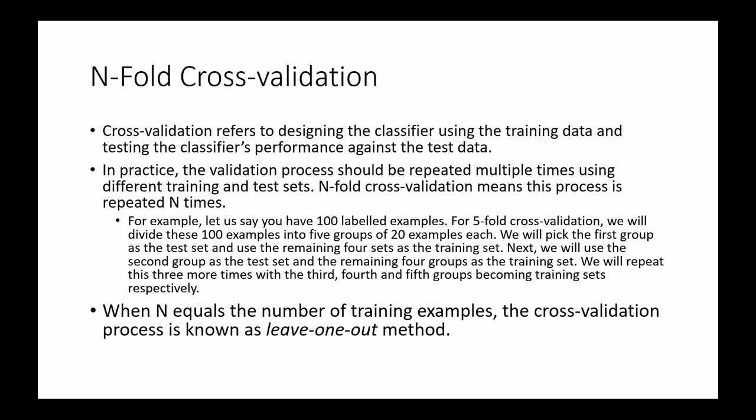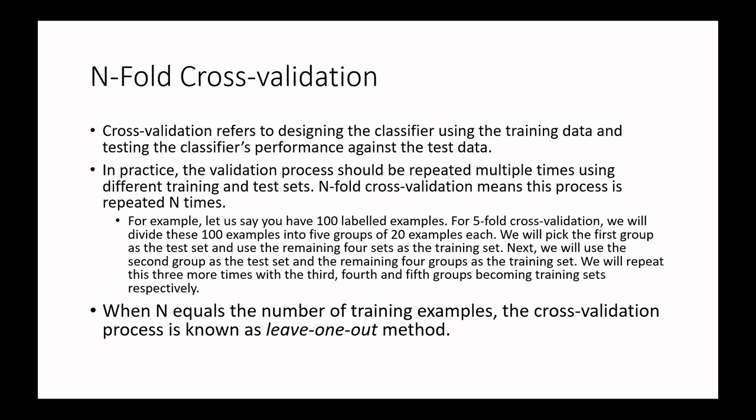So the idea of n-fold cross-validation is that you rotate groups of examples as training, test, or validation. You are creating situations where the model goes through a variety of scenarios, and whatever you end up with tells you, here is a good model.